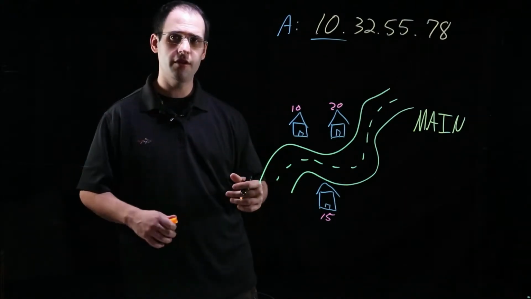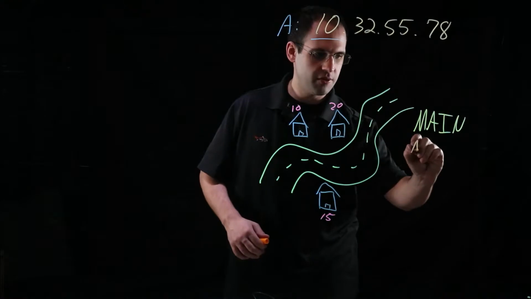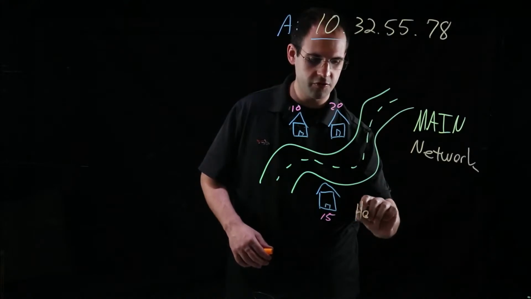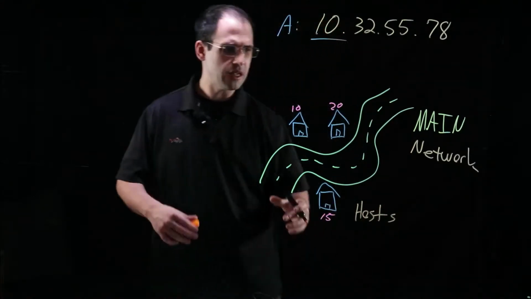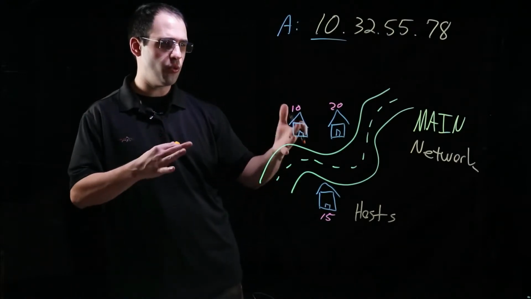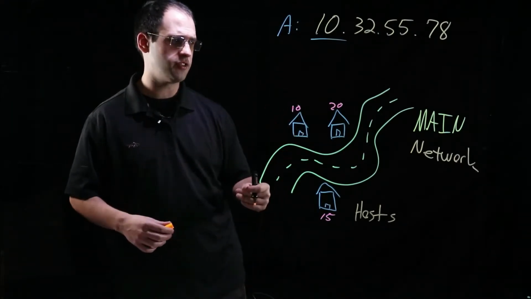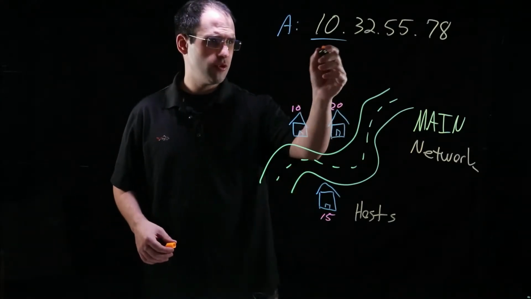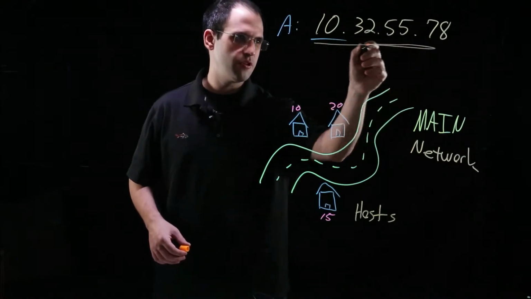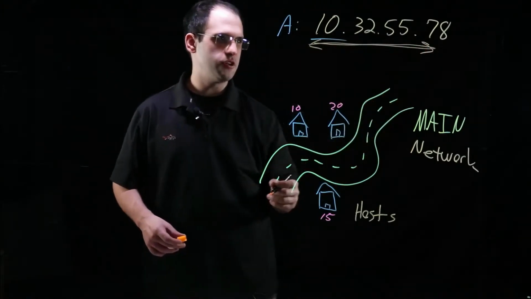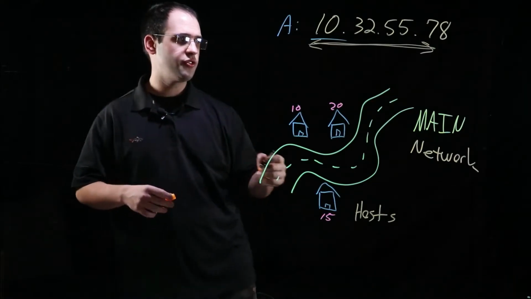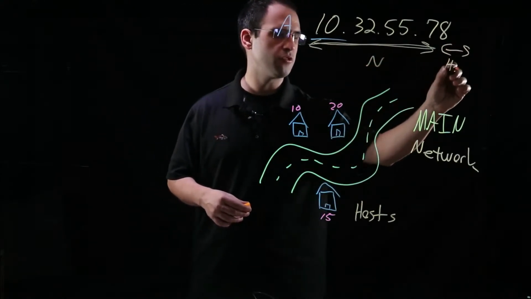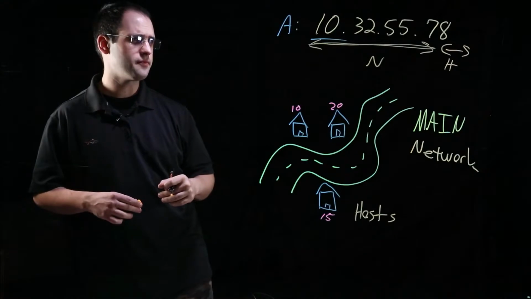That is kind of like our analogy here, where our street is going to be our network and our houses are going to be our hosts. We can clearly see that the street is where we exist, where all of our devices, or all of our houses, exist, and each house has a different number. In IP addressing, the network portion of the address is where our different hosts exist.